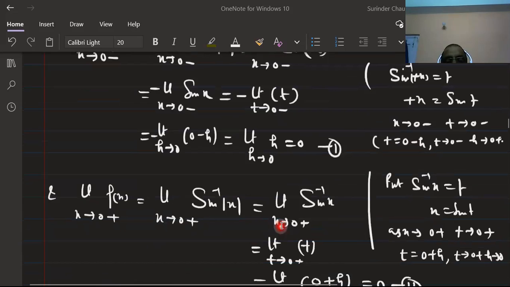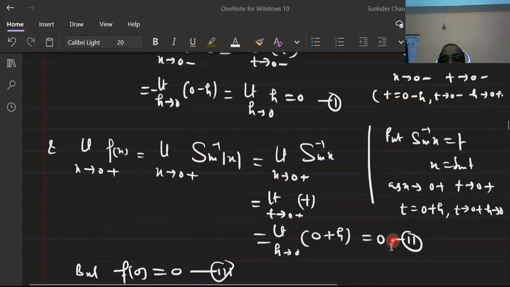Similarly for the right limit, limit as x goes to 0 from the positive side of sine inverse of modulus x, where modulus x equals x. Put this as t and make the substitution, t goes to 0.